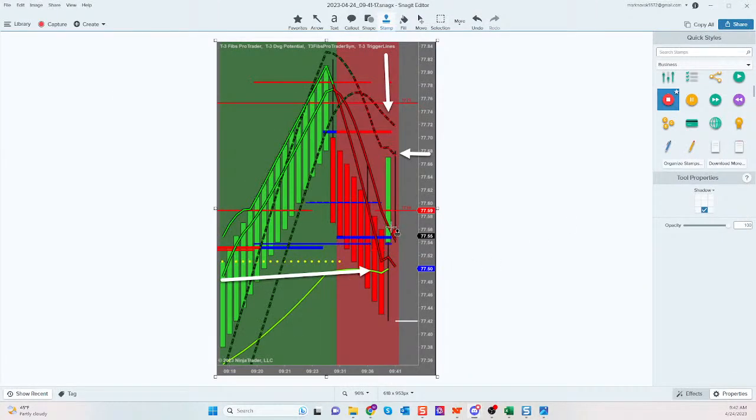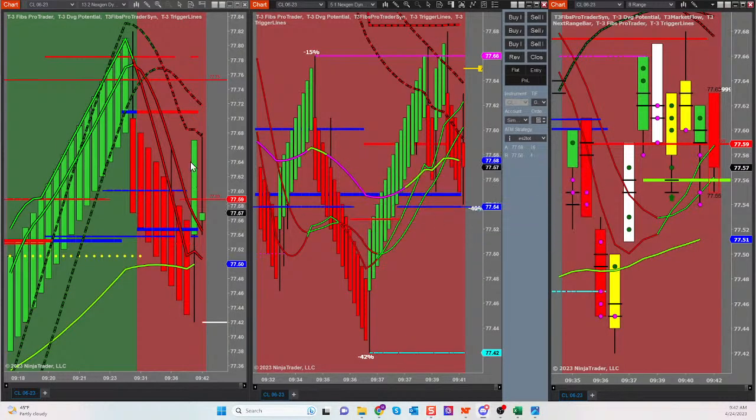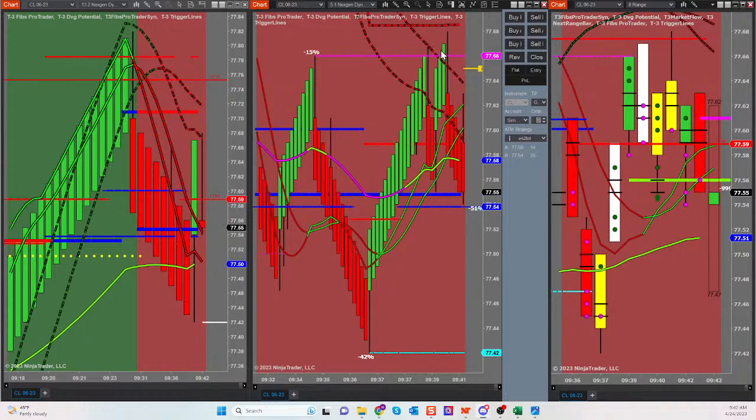But if you're thinking, I need to go short, it's keeping you out of harm's way. It's keeping you from taking a short too soon because price is likely to go back and close. And you can see that it did it exactly. Right back to those triggers before it begins to continue down off that great termination condition.